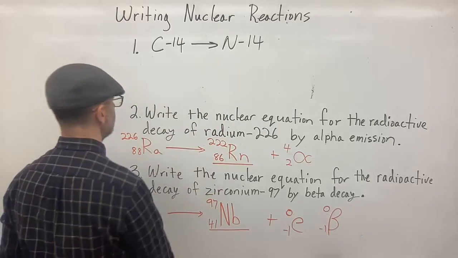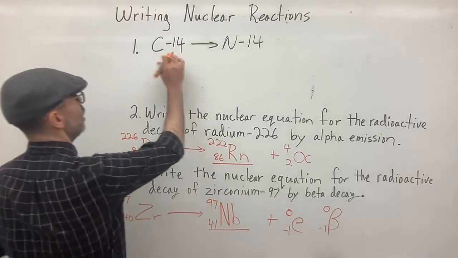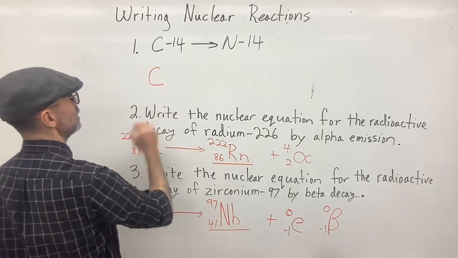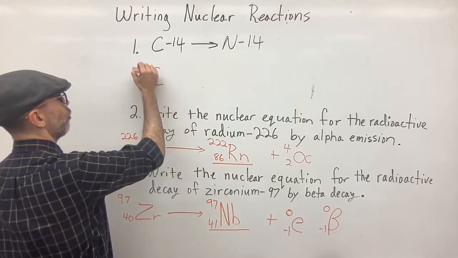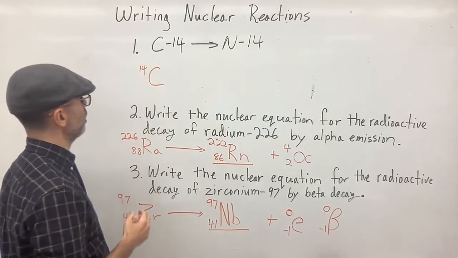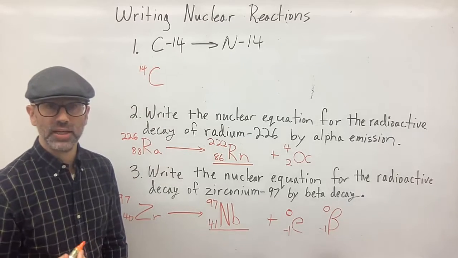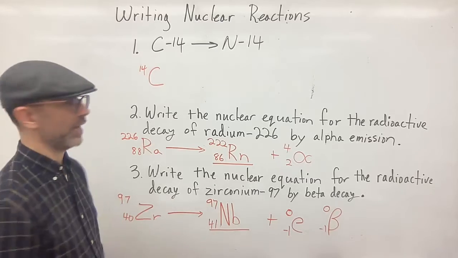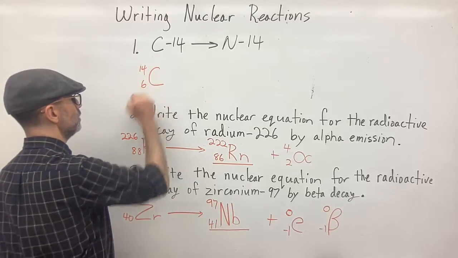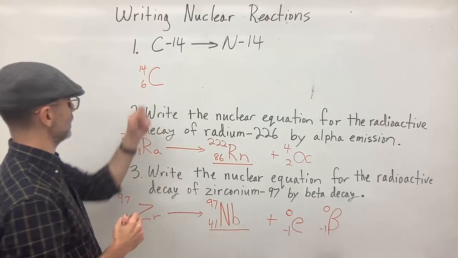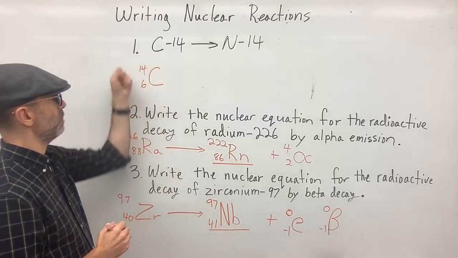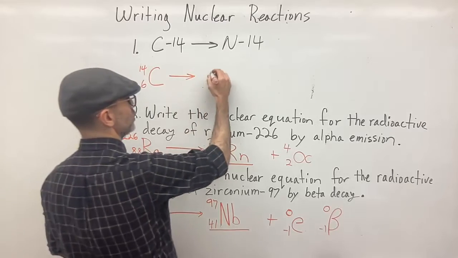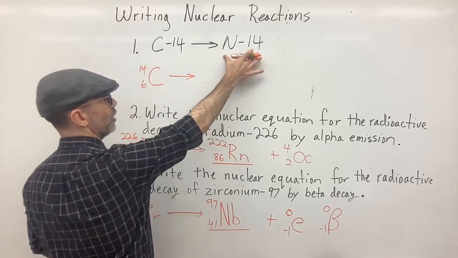So we begin the exact same way. So carbon 14, so the element is C, the symbol is C. 14 is the mass number. Look up the atomic number of carbon on the table and you get 6. So number 6 on the periodic table. So here's our parent isotope, and it's going to break down into this daughter isotope.